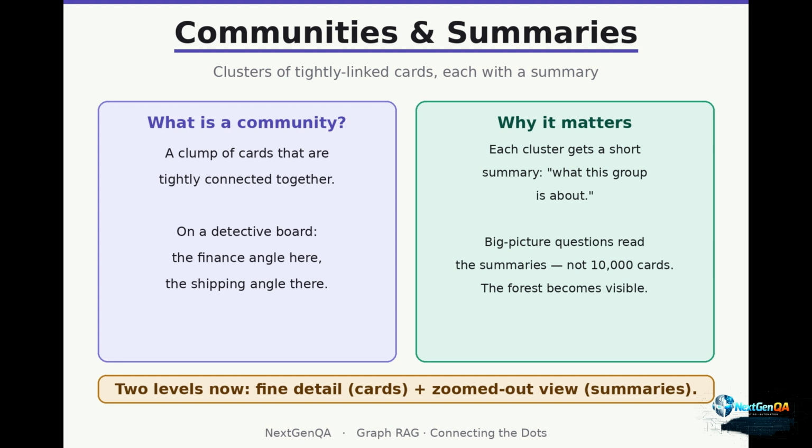It just reads the handful of community summaries and combines them. The forest becomes visible, not just trees. So, our board now has two levels: the fine detail, individual cards and strings, and the zoomed-out view, cluster summaries. That gives GraphRAG two different ways to answer depending on the question.